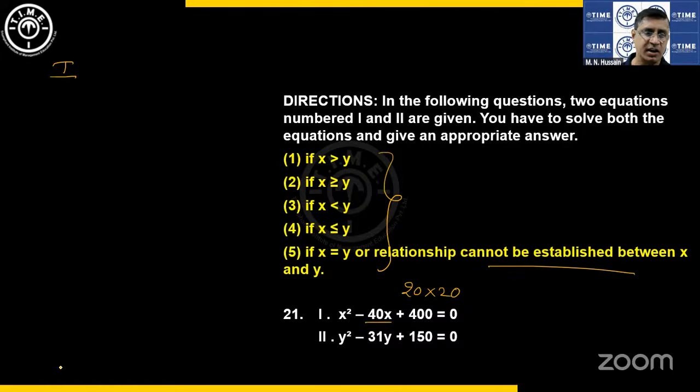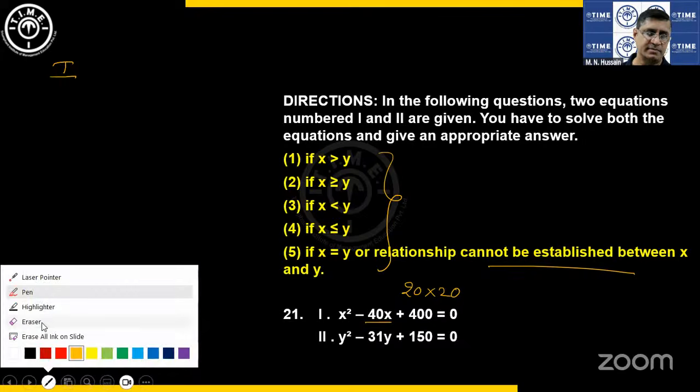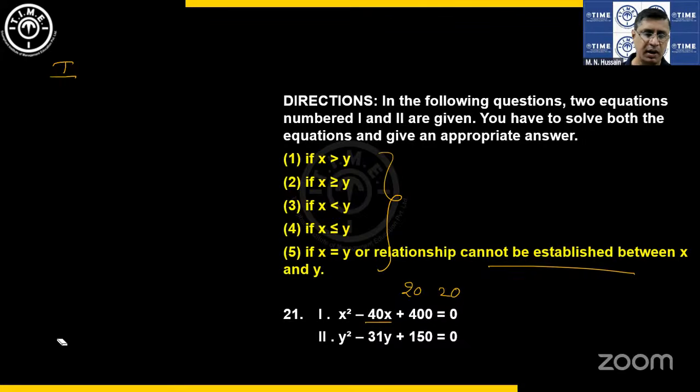Minus 20, minus 20. By adding these two, we get minus 40. The factors are minus 20 and minus 20. What about the roots? Take the same number with opposite sign, divide with the coefficient of x square. So the x square coefficient here is 1. The root of the first quadratic equation is 20.